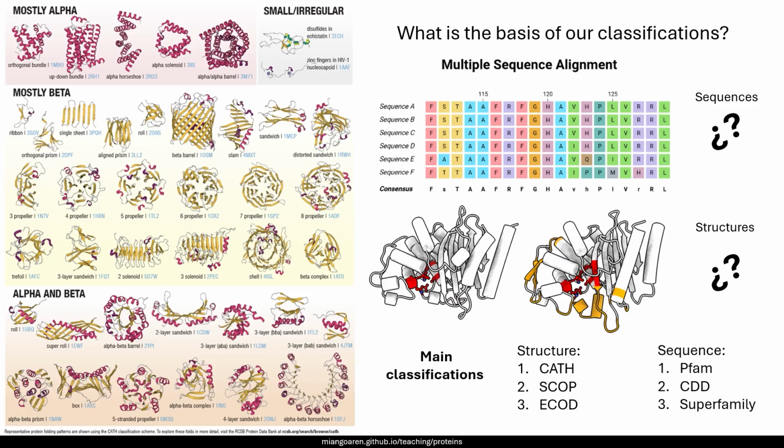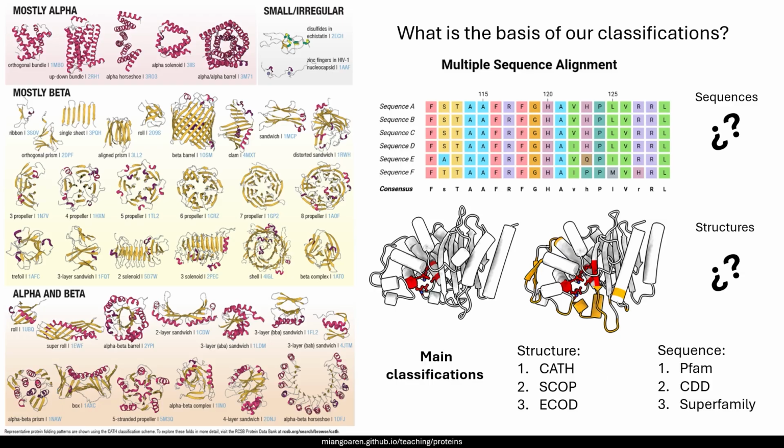But it is important to think that one has a basis that is more structural, and the other has a basis more at the sequence level. In the case of the classification systems that we currently consider at the structure level, we have classification systems such as CATH, SCOP, or ECOD. Although obviously there are also other systems, these are the most used.